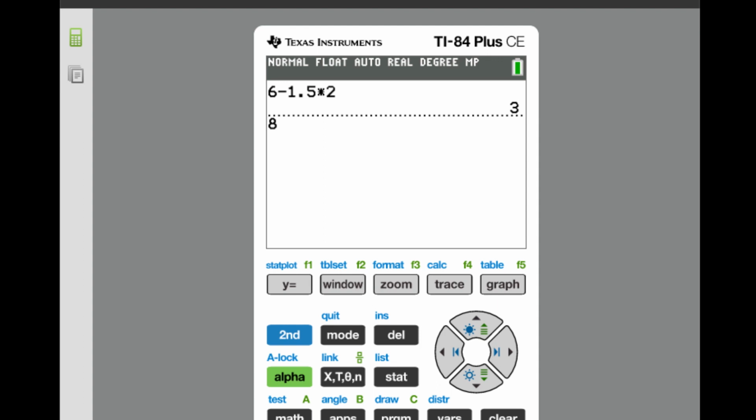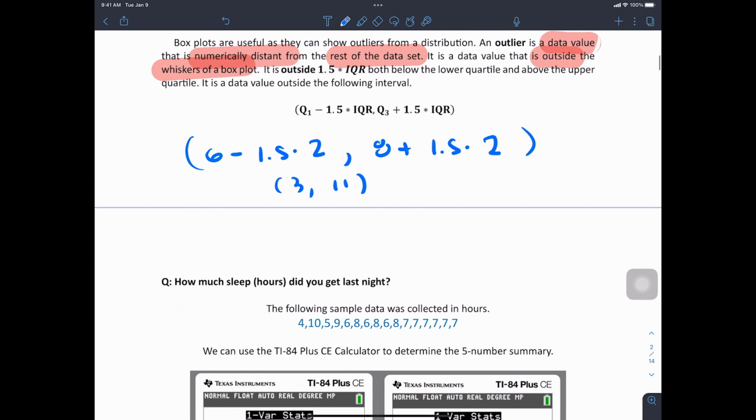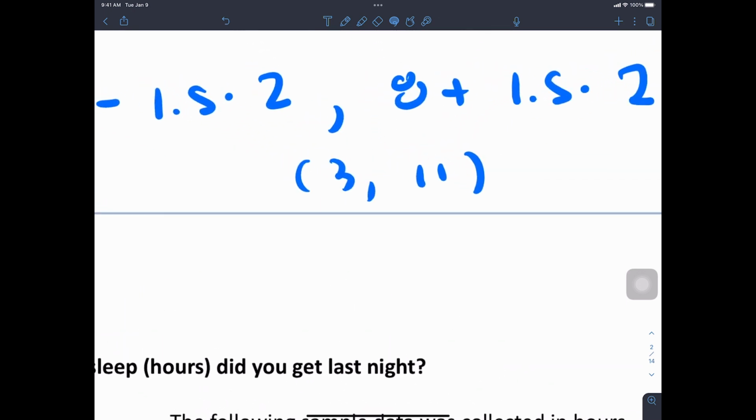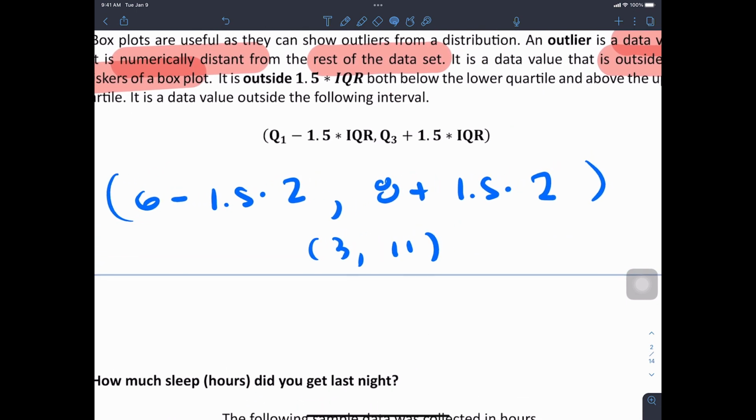And then 8 plus 1.5 times 2, and that's 11. So any data score that's outside this interval will be considered an outlier, and that's by definition. This is what I gave you right in here.